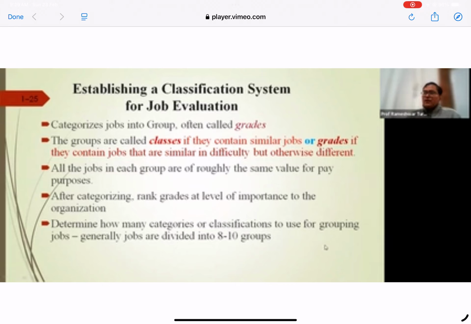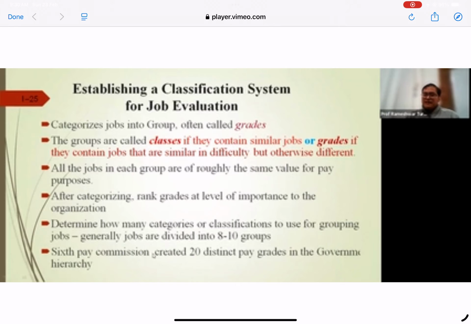A priori, they decide whether to classify into 8 or 10 groups. All jobs will be divided into 10 groups, group descriptions will be written, and then they will be ranked, which is the topmost job and which is the lowest. How it happens, we'll see.